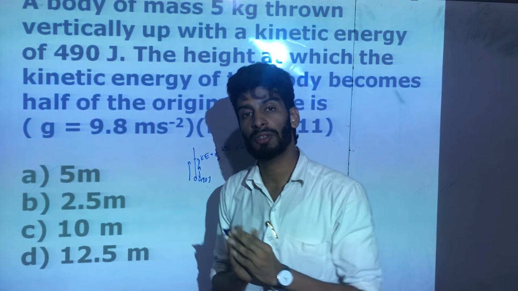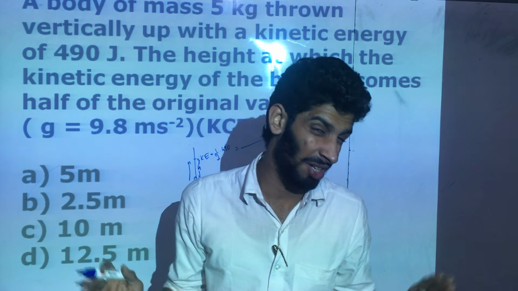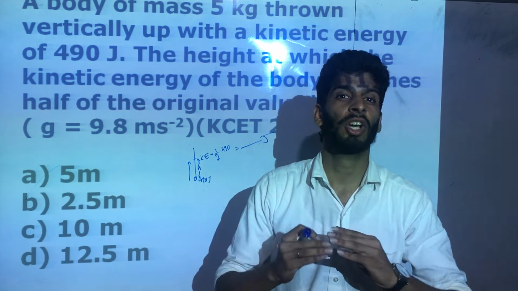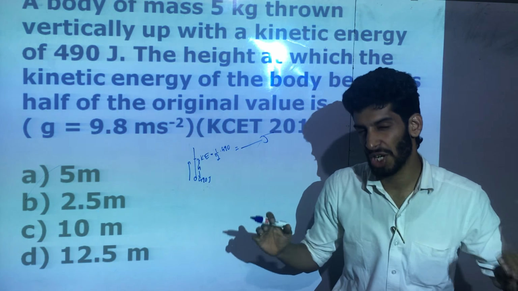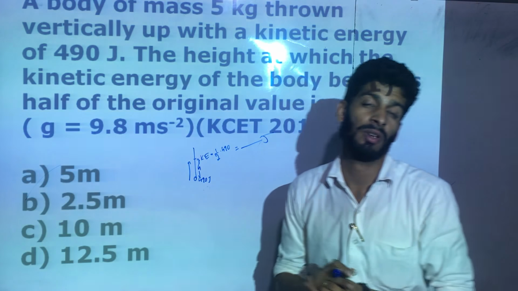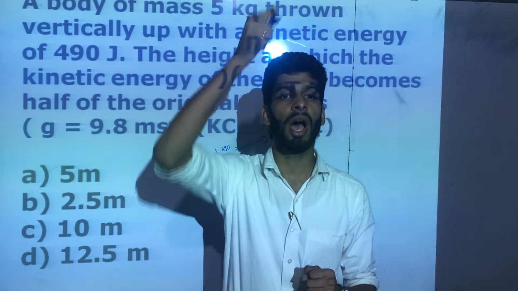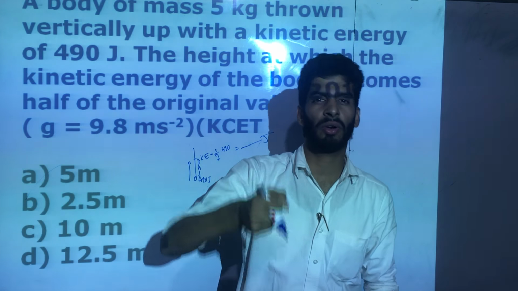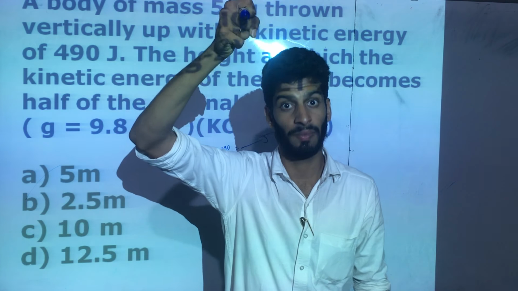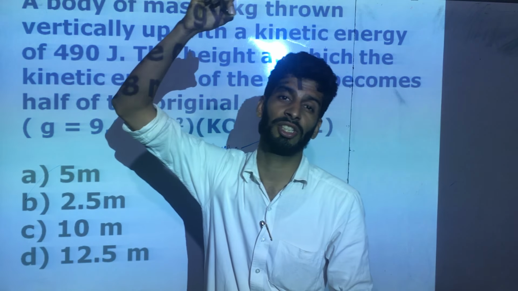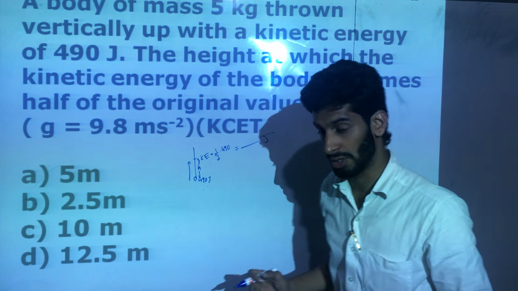So what the law of conservation of mechanical energy says is, the sum of kinetic energy and potential energy remains constant if the force involved in the system is conservative. When the body is thrown vertically up, kinetic energy keeps decreasing, and at the same time height keeps increasing, which means the potential energy keeps increasing.